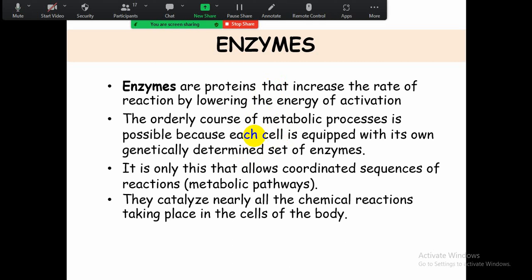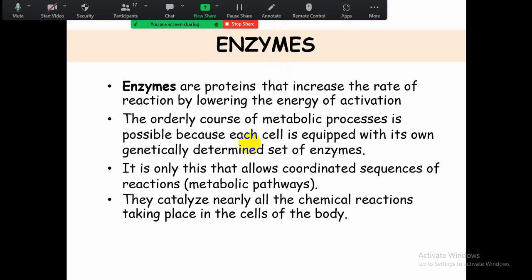Yes, sir. The orderly course of metabolic processes is only possible because each cell is equipped with its own genetically determined set of enzymes. Meaning that every cell or organ in the body has its own genetically determined set of enzymes.